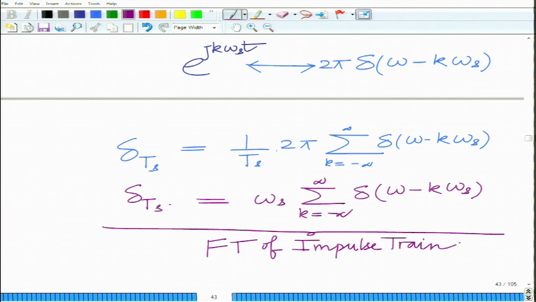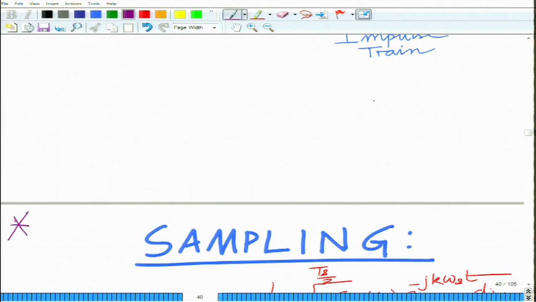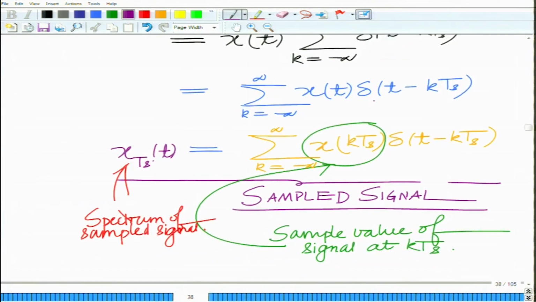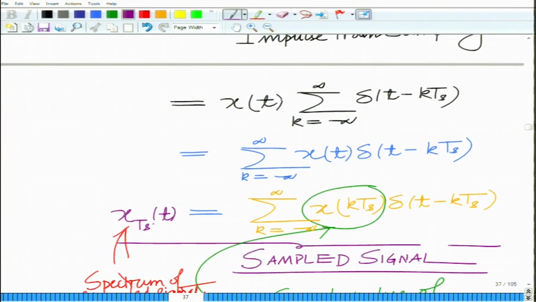Now, remember what we are doing in the sampling process: we are taking the signal xt and multiplying it with the impulse train.